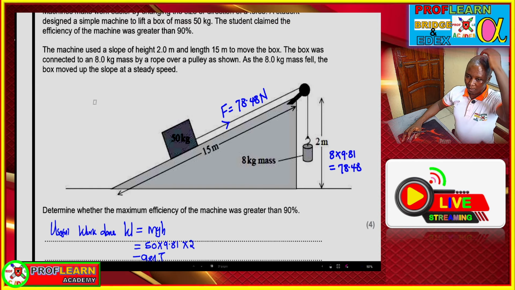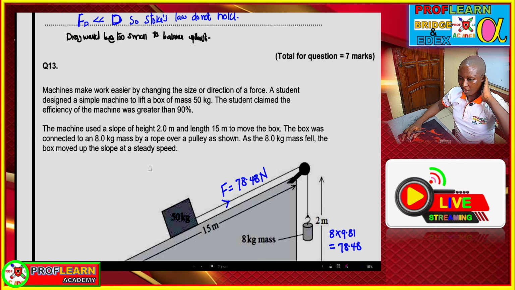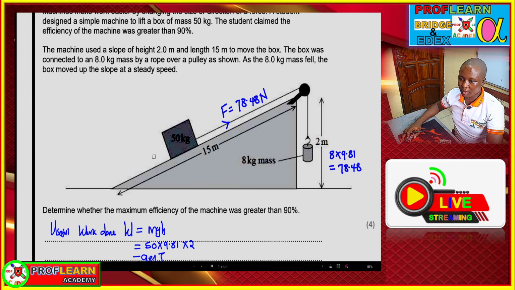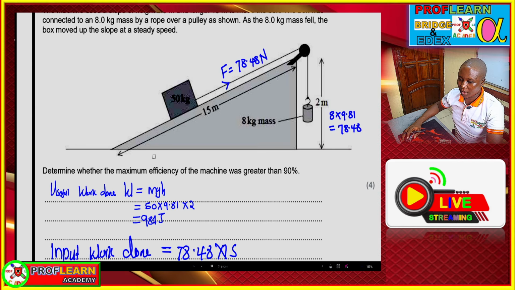Moving to question number 13, you need to understand a question to do with motion on an inclined plane. You also have to look at the main purpose of that inclined plane, because you can use an inclined plane for lifting objects.